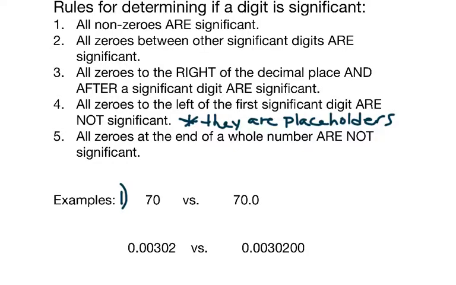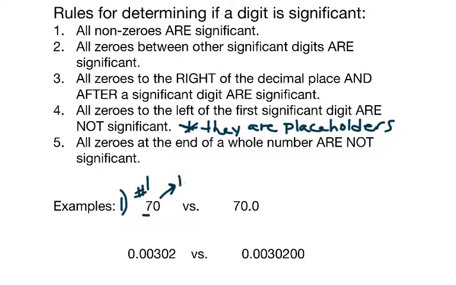If we're counting significant digits, the 7 is definitely significant because of rule number 1, which is that all non-zeros are significant. The 0 is not significant because of rule number 5. That 0 is at the end of a whole number and there's nothing after it. There's not a decimal place, therefore it's not significant.